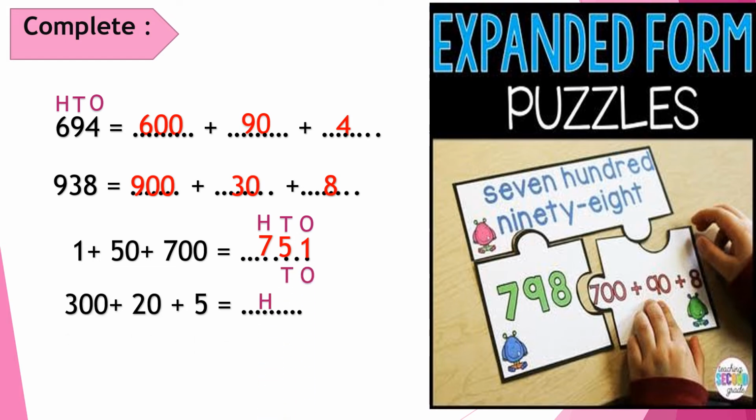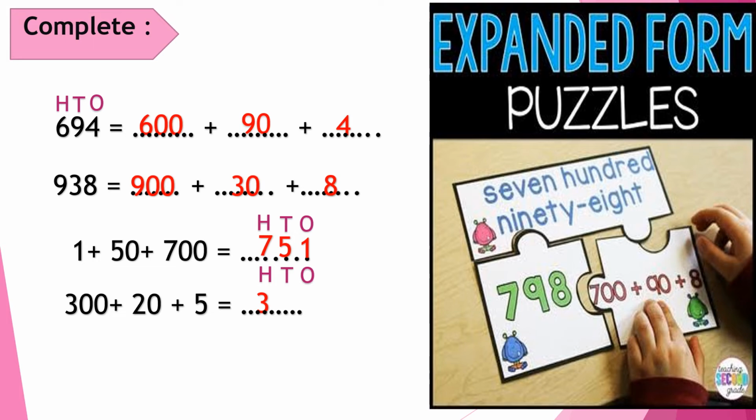Number 4, 300 plus 20 plus 5. To write it in the standard form, we have here 300. 300 has 2 zeros. So it belongs to hundreds. Then I will put 3 in hundreds without any zeros. 20. 20 has 1 zero.